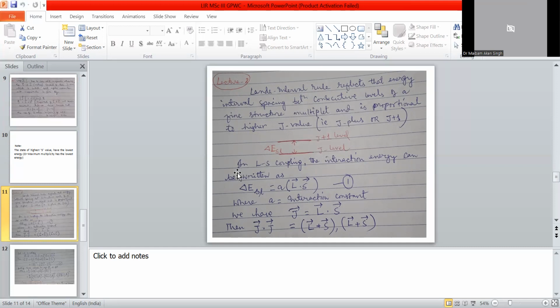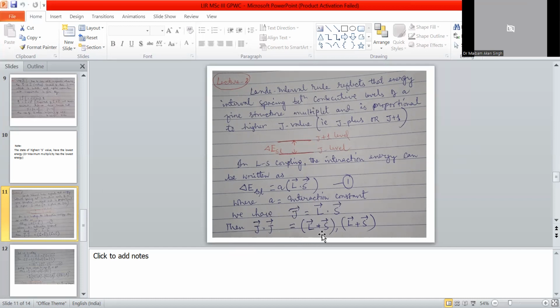In LS coupling, the interaction energy can be written like this: delta E of S-L is equal to A times the L vector dot S vector. We put this as equation 1, where A is the interaction constant, and we have already known that the J vector is given by the L vector plus the S vector.